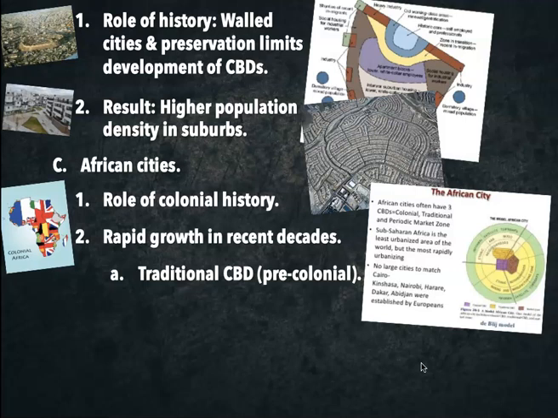I should have probably connected this in with number 1, but oh well, here it is. So when we talk about the multiple CBDs in a number of African cities, and we look at this African city model, that's what it boils down to. You've got what is going to be coined as the traditional CBD. This is the city as it was built up before any Europeans ever showed up on the scene.